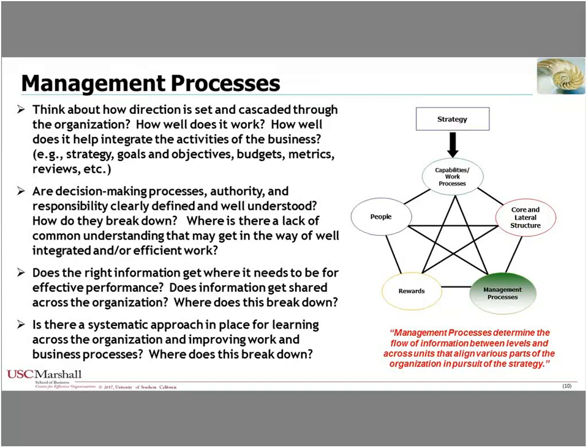So we want to make a distinction between these two different kinds of work. And when we talk about management processes, we'll talk about three of them really specifically. One is what you might call direction setting, strategic planning, goal setting. And it's getting the organization aligned and clear and shared about who's doing what.